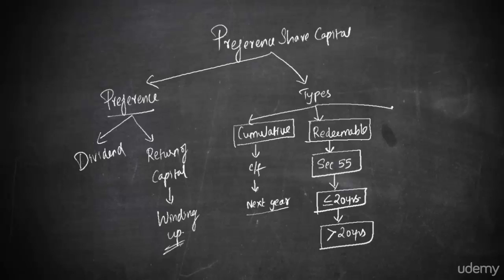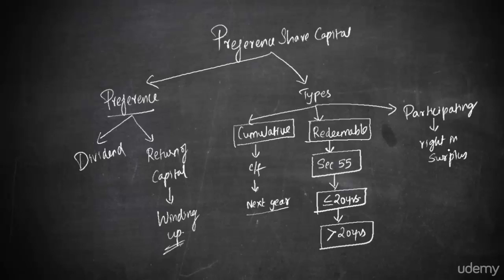Then the third type of preference shares is called participating preference shares. So what are participating preference shares? These shareholders will have a right in surplus. So what is this right in surplus? When the company is being wound up, all the stakeholders have to be paid back. You have to pay the secured, unsecured, then preference, and then equity.